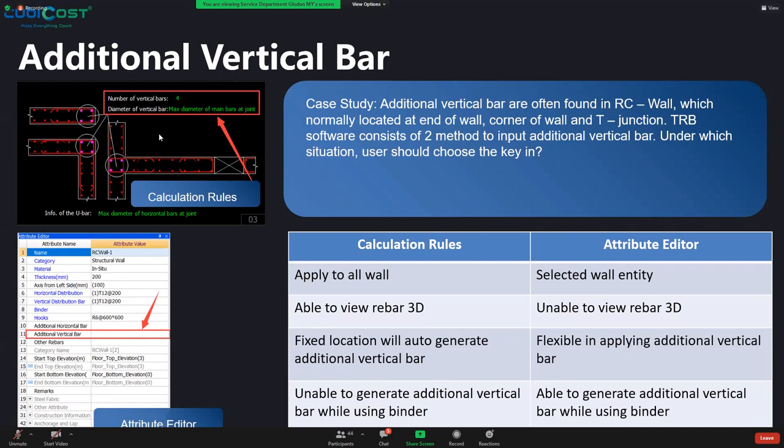So if you use binder as your horizontal bar, you may need to use this attribute editor to key your additional vertical bar. So that is the 4 main differences between your calculation rules additional vertical bar and your attribute editor additional vertical bar. You can base on these 4 comparisons and decide which situation suits you better.